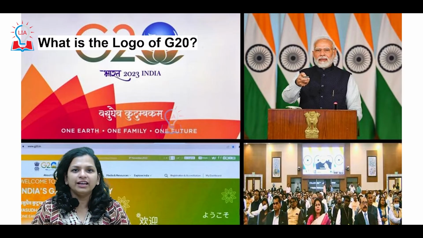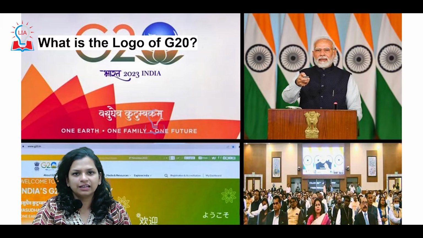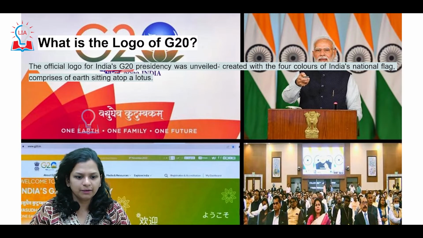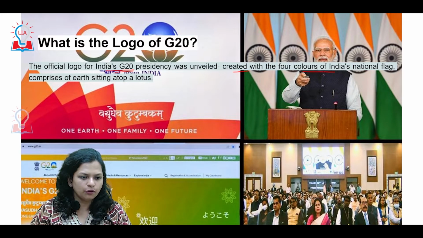Now, it started with the official logo for India's G20 presidency being unveiled by the Prime Minister. It is represented with four colors of the Indian national flag, comprising the earth sitting on top of a lotus.